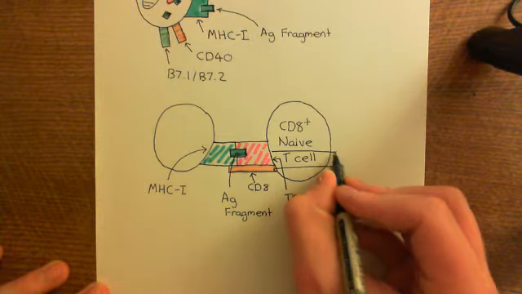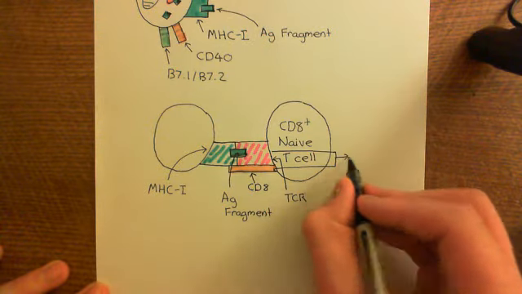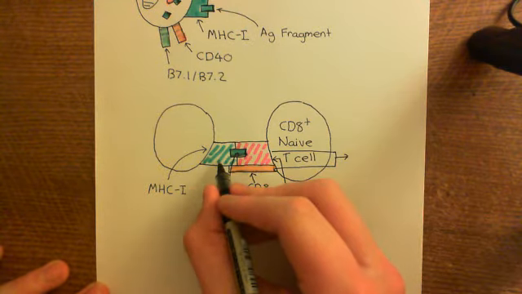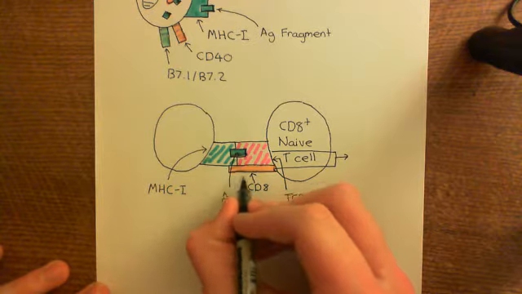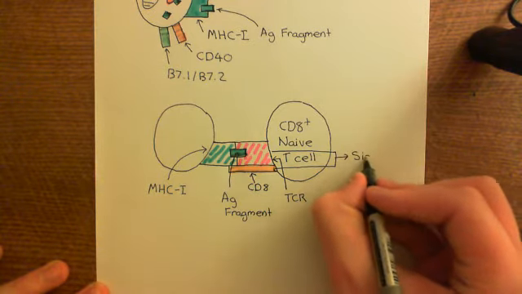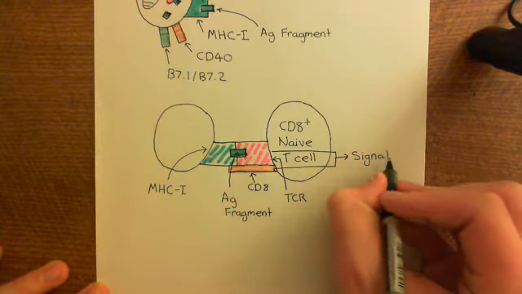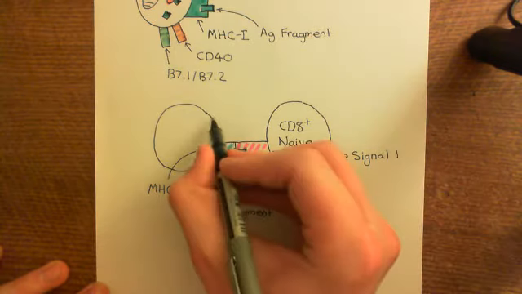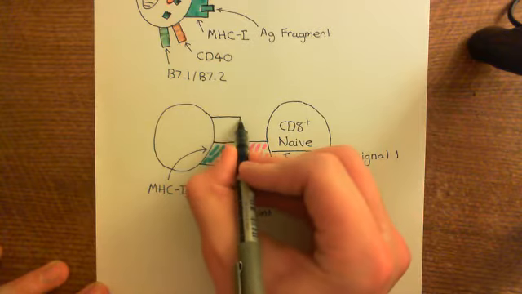Okay, so it's the exact same sort of process, it's just we've replaced MHC class 2 with MHC class 1 and CD4 with CD8. So this delivers signal 1, okay, and then you'll have the co-stimulatory molecules here.